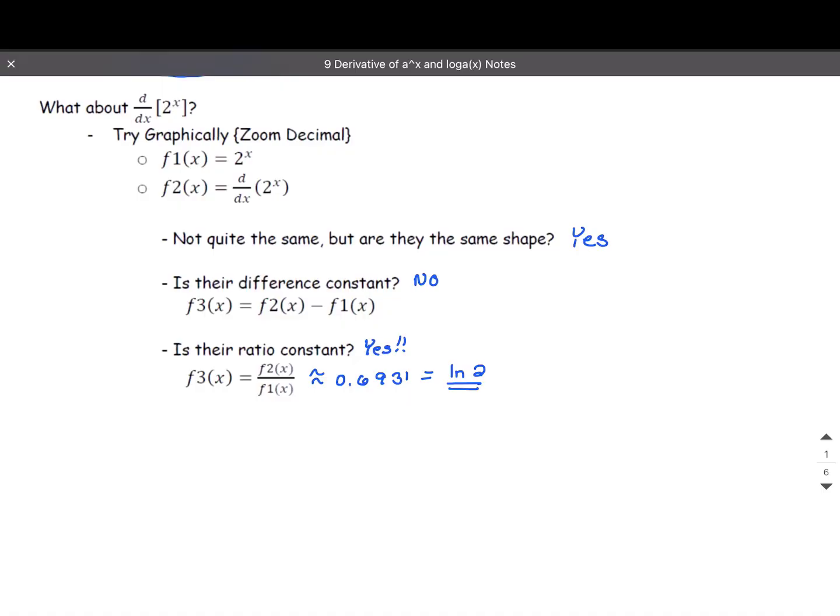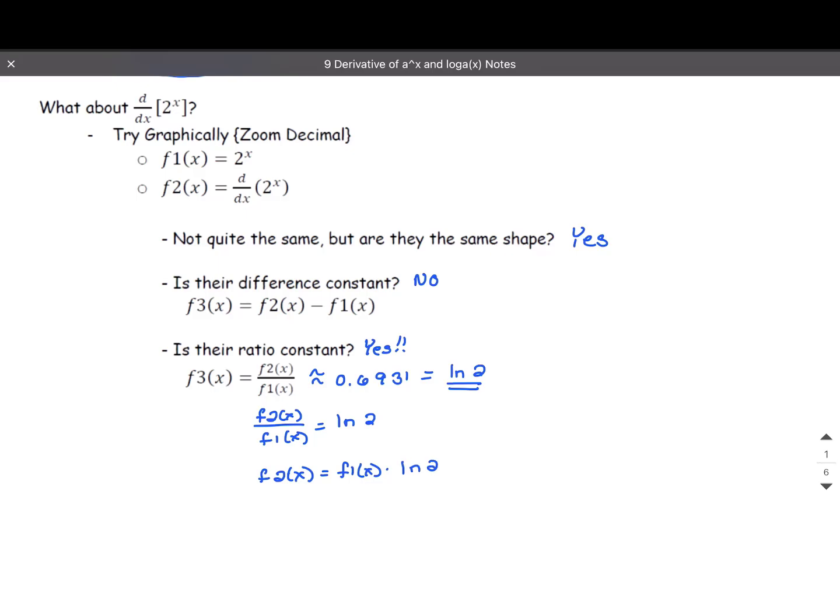Okay, so based on what we have here, what we had in the calculator was F3 of x equals F2 of x over F1 of x, which equals natural log of 2. So that would mean that F2 of x over F1 of x equals the natural log of 2, which means that F2 of x equals F1 of x times the natural log of 2.